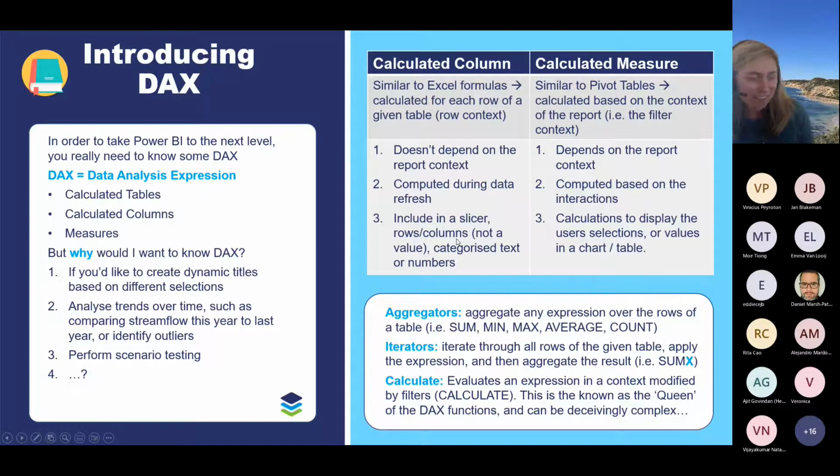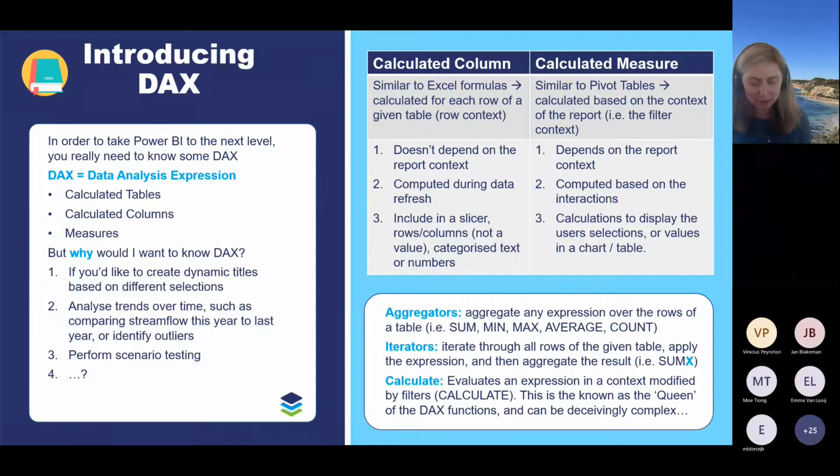Awesome. So before I dive into a couple of practical DAX for Enviro's patterns, I just wanted to give a quick introduction into what is DAX for those of you who are fairly new to Power BI and haven't got started exploring DAX. So DAX is Power BI's calculation language, and it stands for Data Analysis Expression.